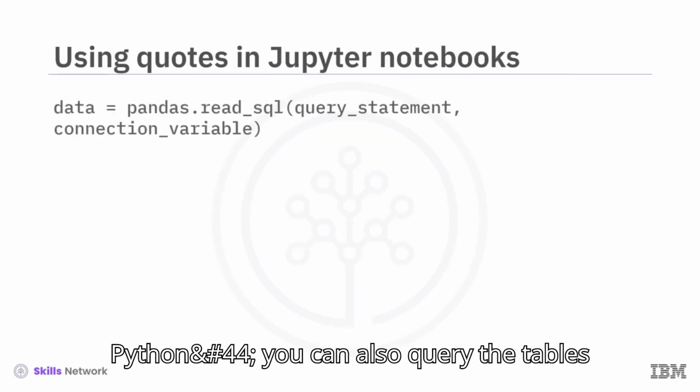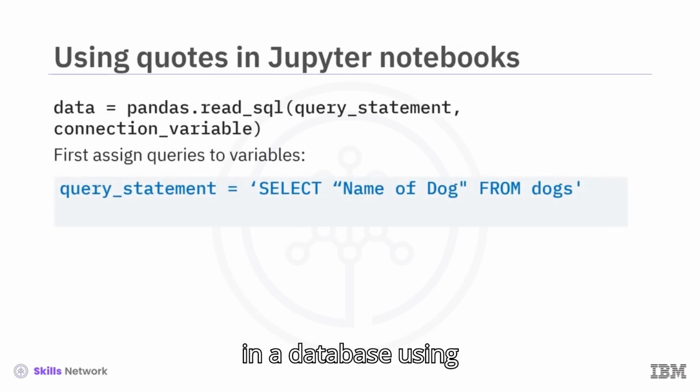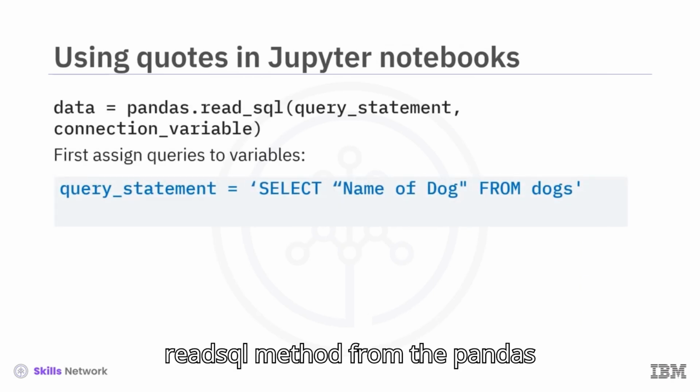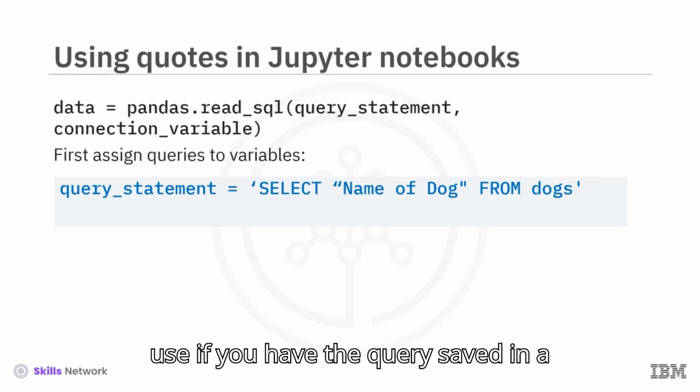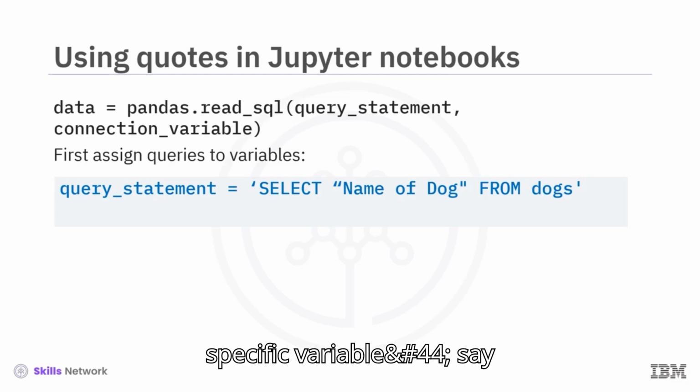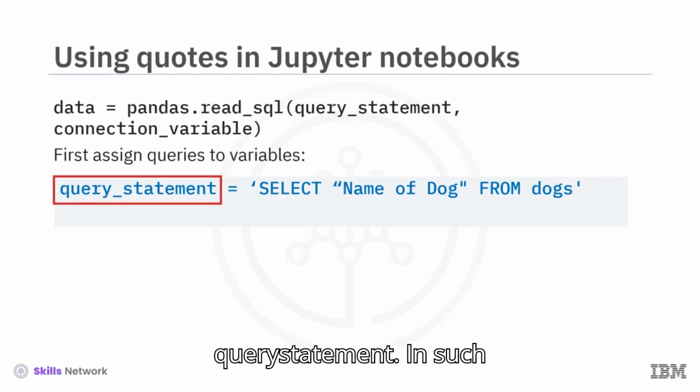In Python, you can also query the tables in a database using the read_sql method from the pandas library. This function will be easier to use if you have the query saved in a specific variable, say query_statement.